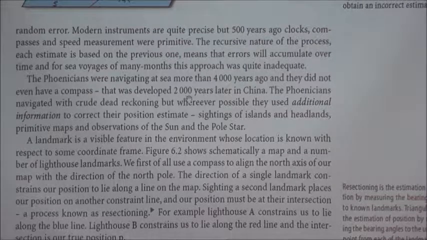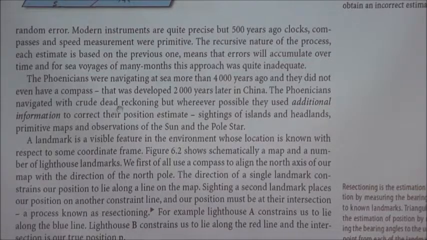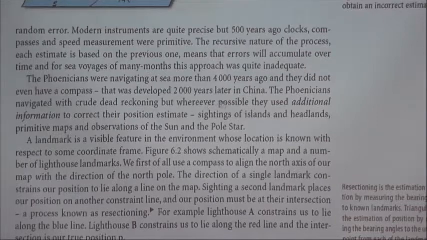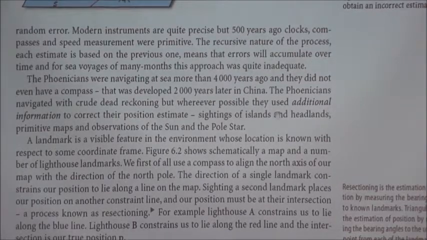That was developed 2,000 years later in China. The Phoenicians navigated with crude dead reckoning, but wherever possible, they used additional information to correct their position estimate: sighting of islands and headlands, primitive maps, and observations of the sun and the polar star, using a combination of whatever was available to them at the time. They were able to crudely keep correcting their position.